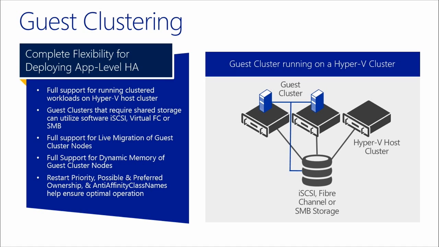They need that single consistent view of the SQL database for SQL running inside the VM, allowing SQL to fail over between those different VMs. So the guest cluster can attach to iSCSI, Fibre Channel over Ethernet, or SMB, so long as it's communicating through one of the network protocols or through our virtualized Fibre Channel HBA. But when we have a guest cluster, we still support live migration, backups, and draining nodes, both on the physical and on the virtual layer.